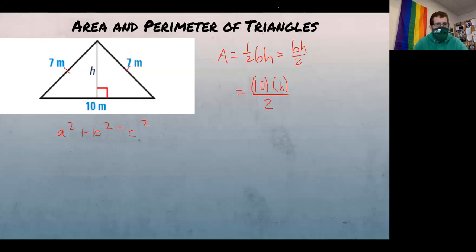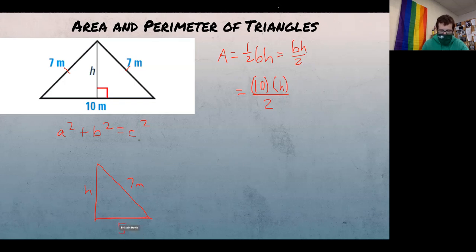All right. So the idea that was just presented is to split this triangle in half. So let me go ahead and do that real quick. I'm going to draw just the right half of our triangle. So this is the height, this is the 7 meters. So what is this bottom length going to be? 5, okay.